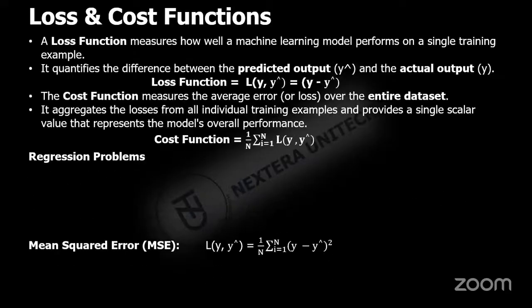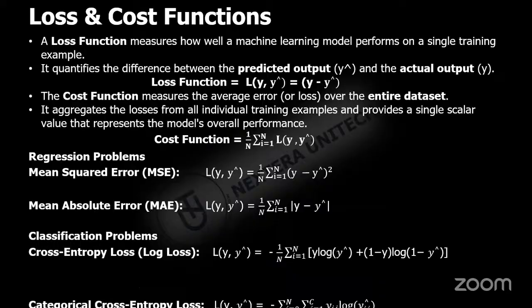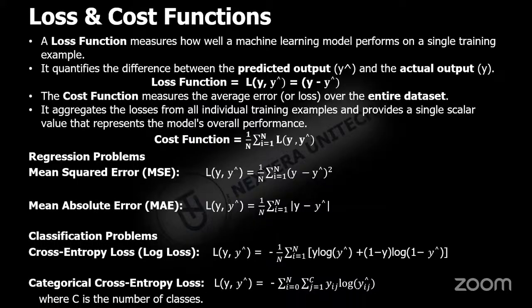Now let us understand what loss and cost functions are. Very important. Loss function is nothing but the difference between actual and predicted for one single training example. Assume there are 100 rows in my data set.